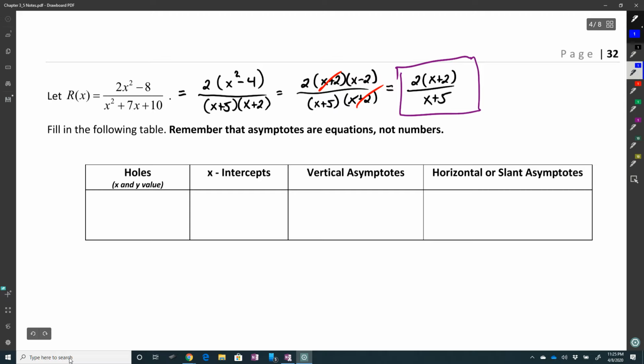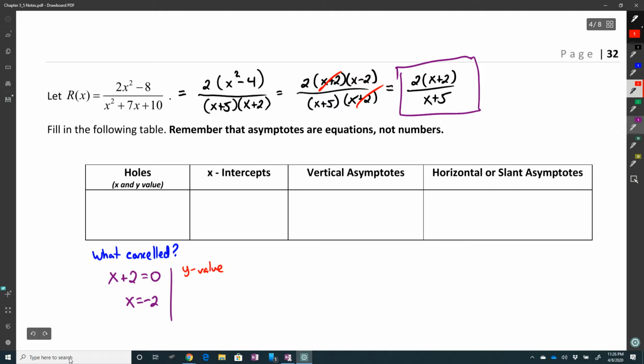Basically we ask ourselves what canceled. Well, what canceled was x plus 2. You set that equal to 0, so therefore x equals negative 2. Now to find the y value, you plug it into the simplified equation.